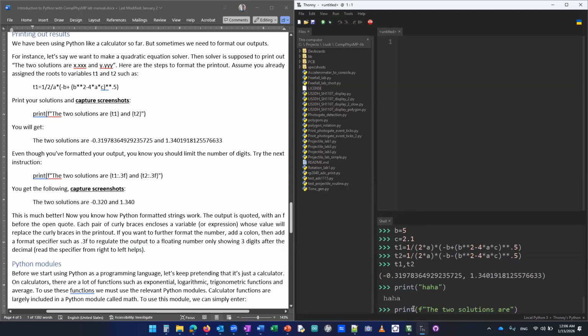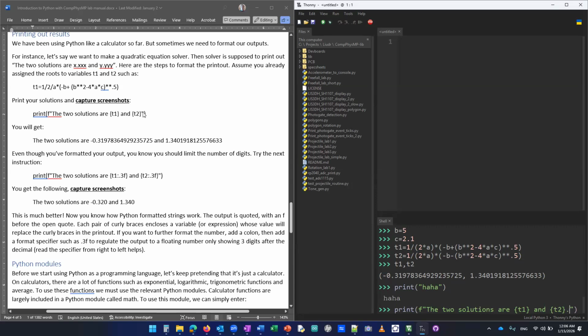These are not formatting. The following is a formatting, T1. We already defined T1 right here, and we got a value for it. So in the actual print, this whole set of curly braces with T1 will get replaced by this number. Nice trick, right? And then we can do the same thing with another one of these.